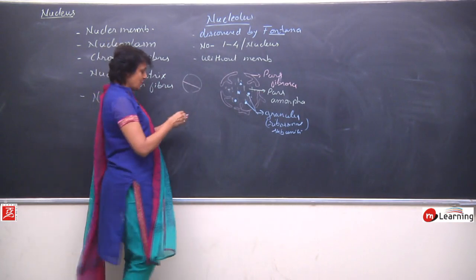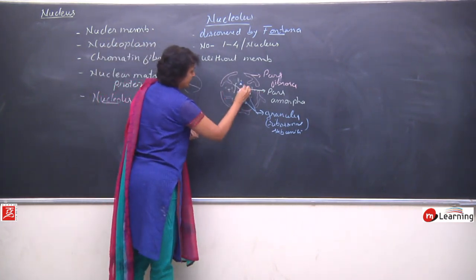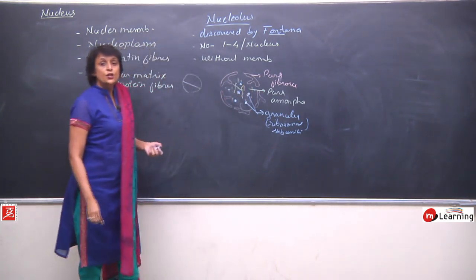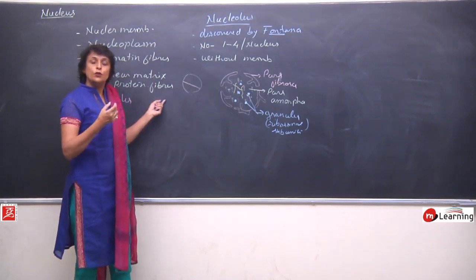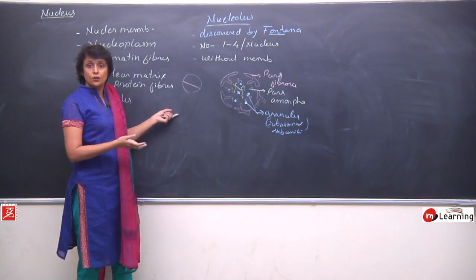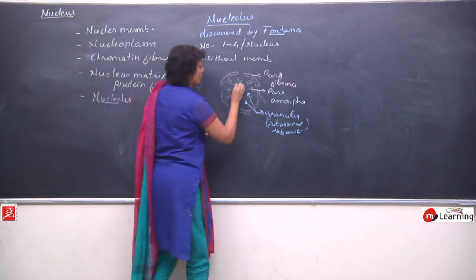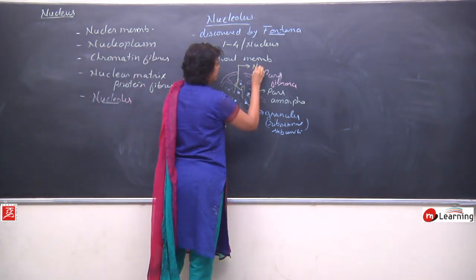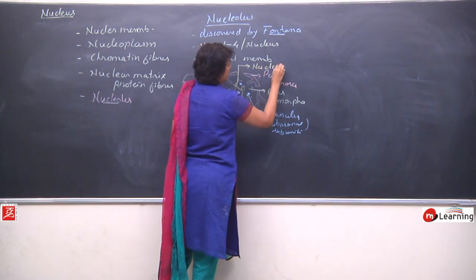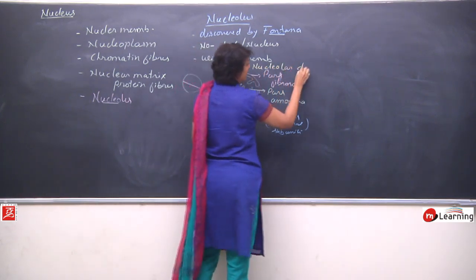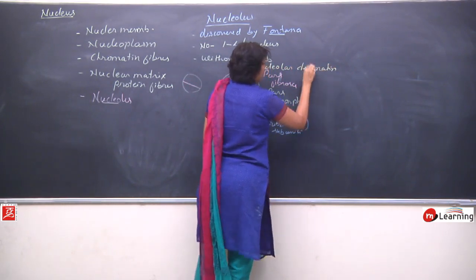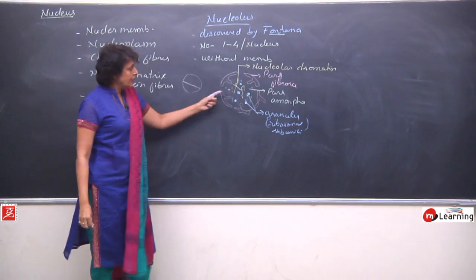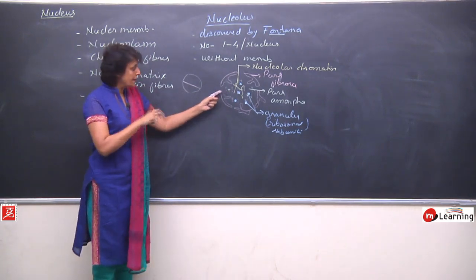And there are some chromatin fibers. This is nucleolar chromatin. The chromatin fibers which are found in nucleus, they are known as nuclear chromatin. This is nucleolar chromatin. Nucleolar chromatin are a part of nucleolus.